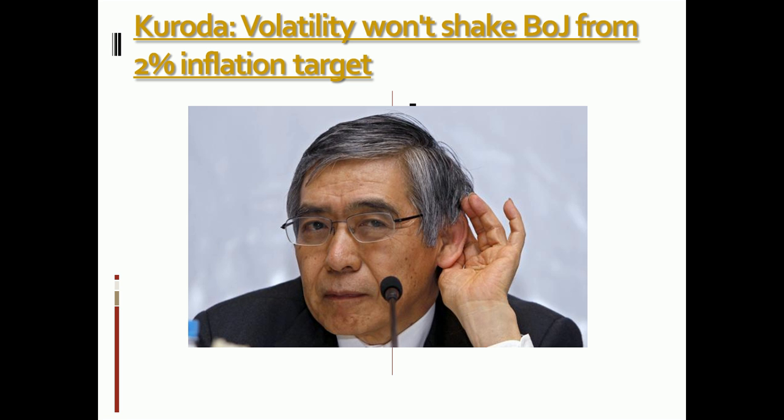Kuroda says he is confident the central bank could adjust policy to deal with any unintended consequences, such as a sharply falling yen or soaring yields on long-term bonds. So, Japan is going to do everything in its power to print money, and we are going to be expecting USD JPY at 105 to 107 now. 100 was my previous target. I'm going to increase that to close to about 105.